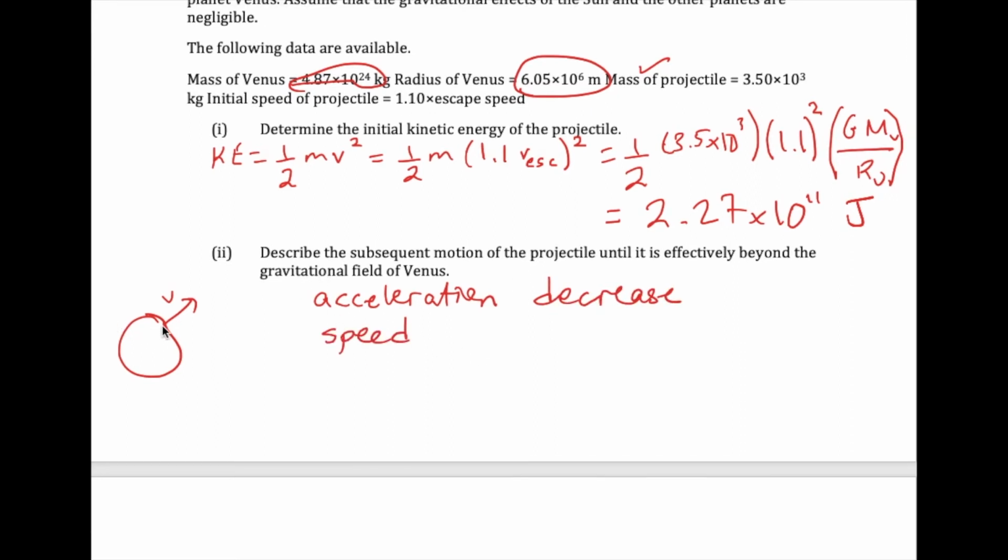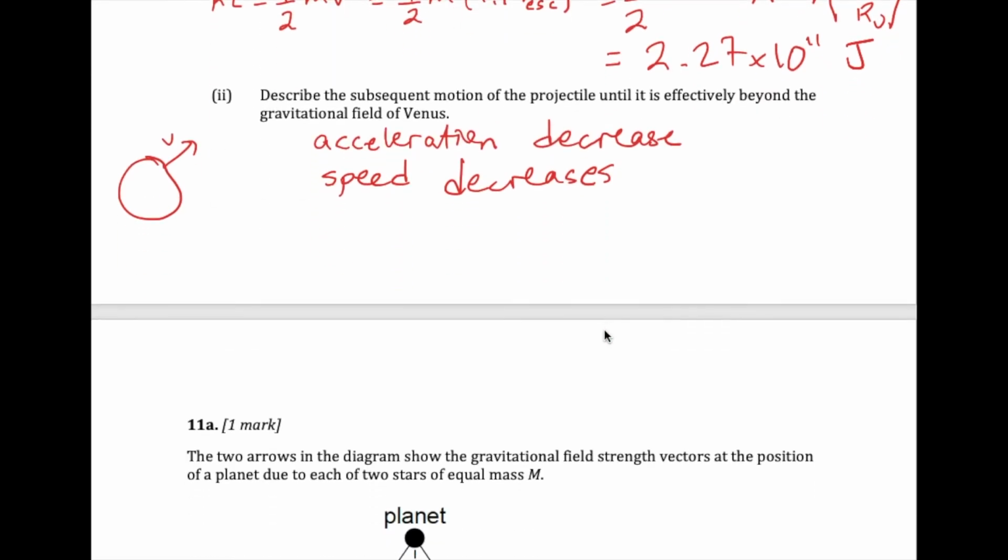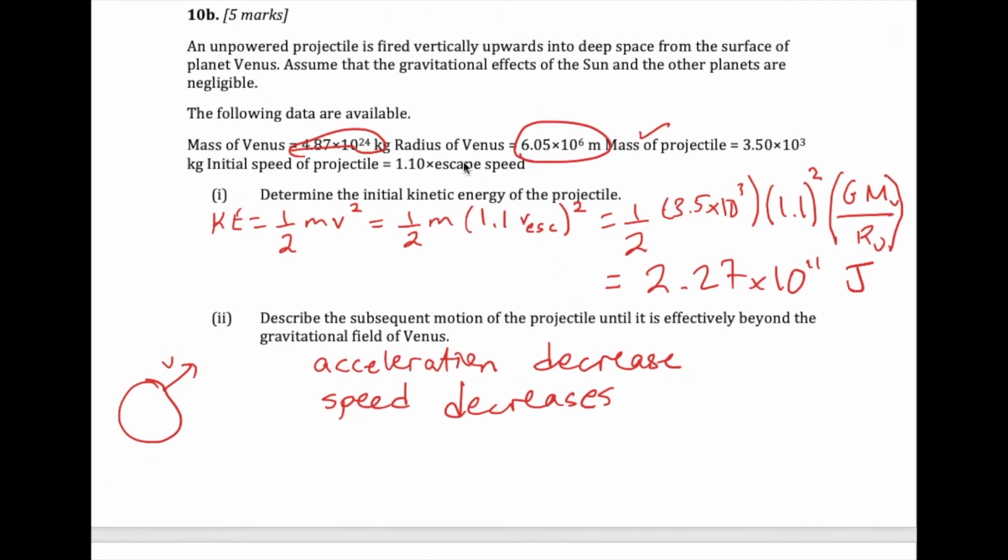As the mass moves away, as acceleration decreases, speed will also be decreasing, because kinetic energy turns into potential energy until it reaches infinity. Because the initial launch speed is actually larger than escape speed, this projectile will become free.